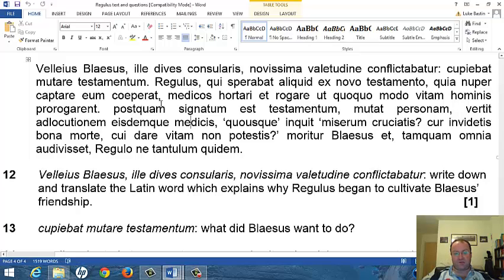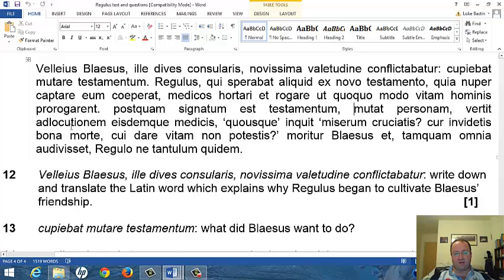Right, so after postquam, testamentum, the will, that's the nominative here. So after the will, signatum est, was signed. Mutat personam. Regulus changes his personam, changes his persona. He changes his attitude.